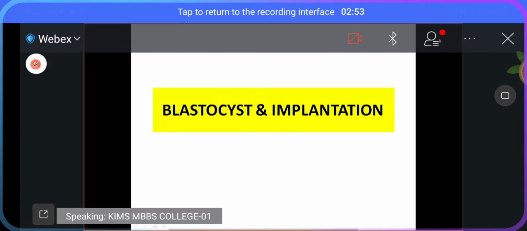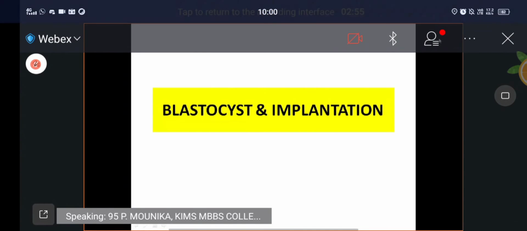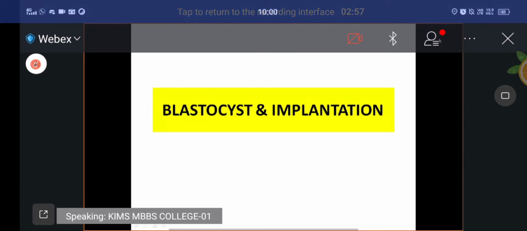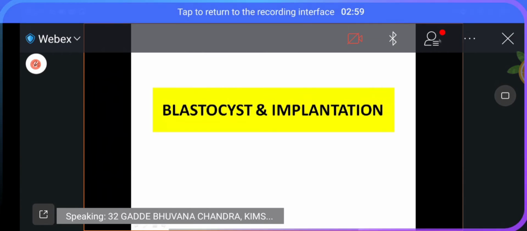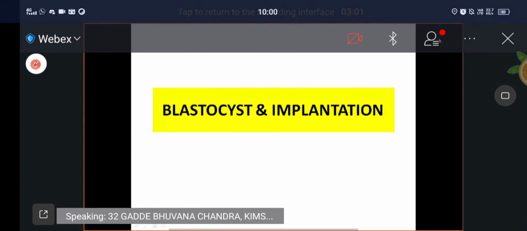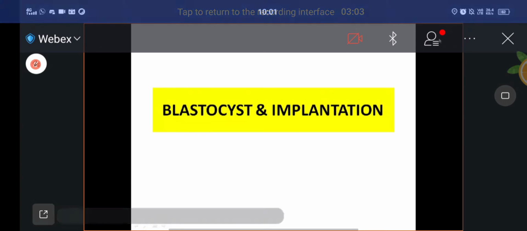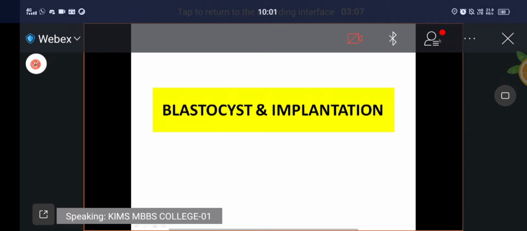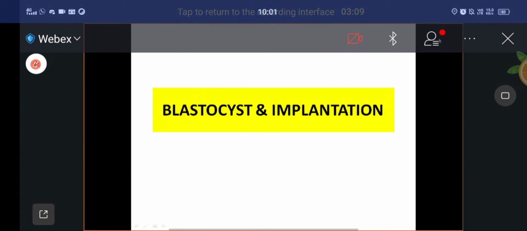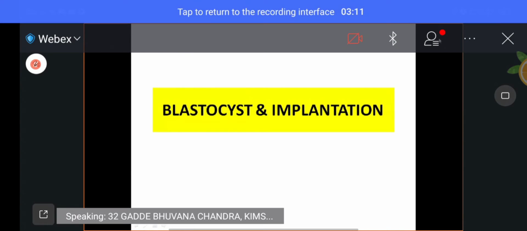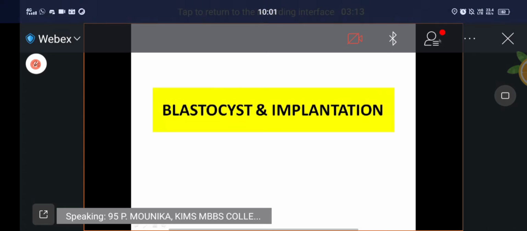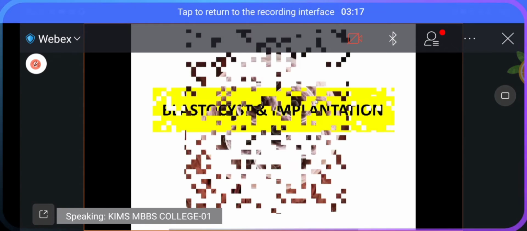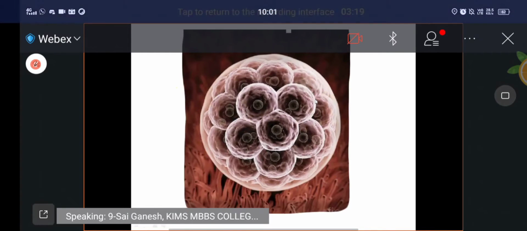After that, 8 cell stage and 16 cell stage. When this zygote is at a 16 cell stage, what is it called? Morula. Okay. Now, the morula has an inner cell mass as well as an outer cell mass.